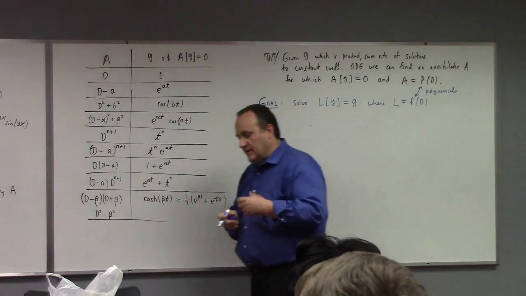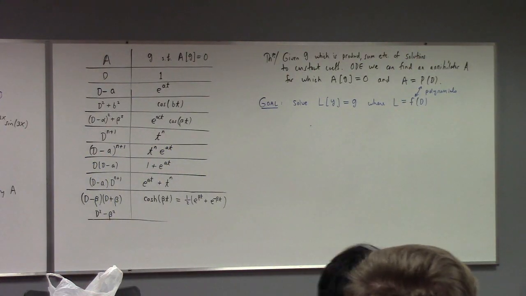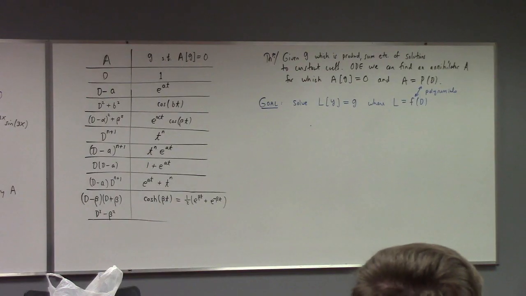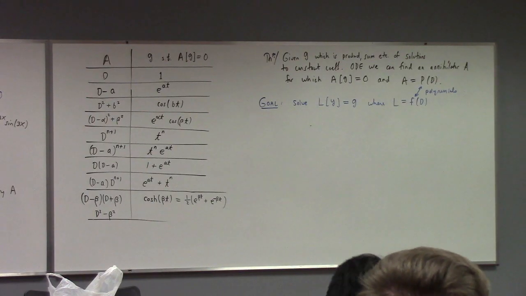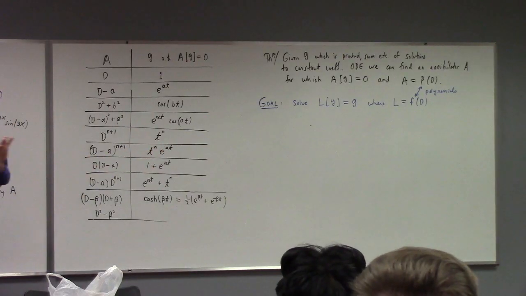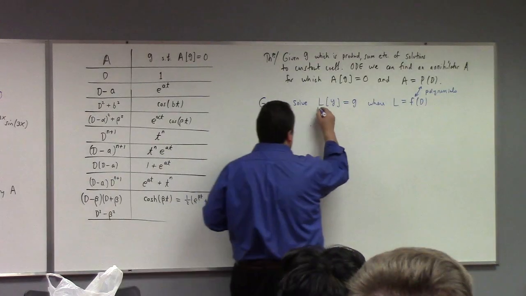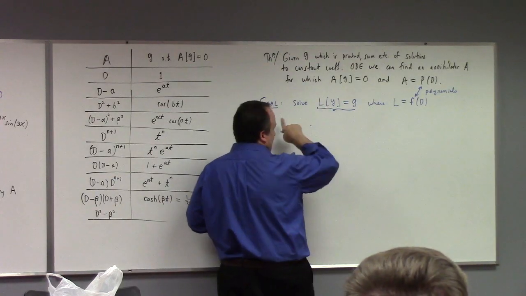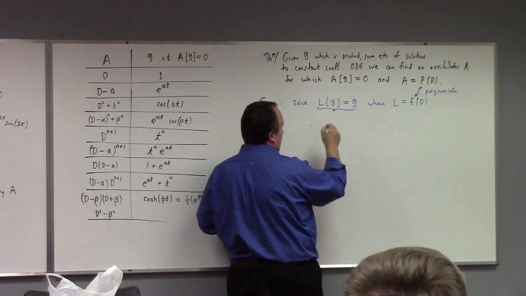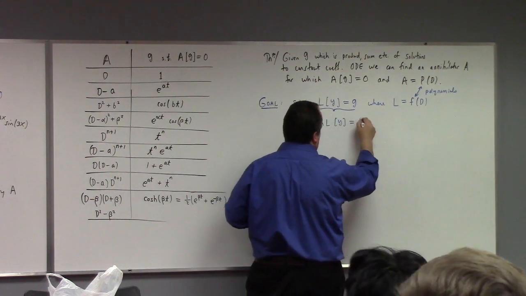That's just a fancy way of saying we're trying to solve the constant coefficient differential equation. So check this out. This inhomogeneous term G, if I can annihilate it, I can take this differential equation and annihilate it with the annihilator for G, and I get AL acting on y is equal to AG.